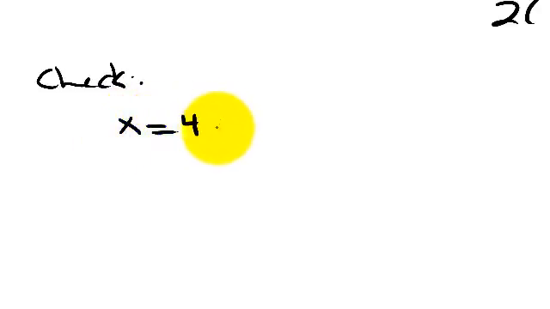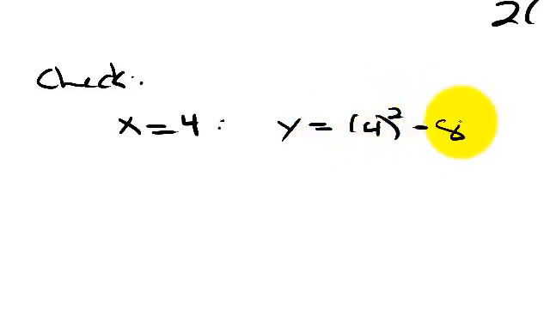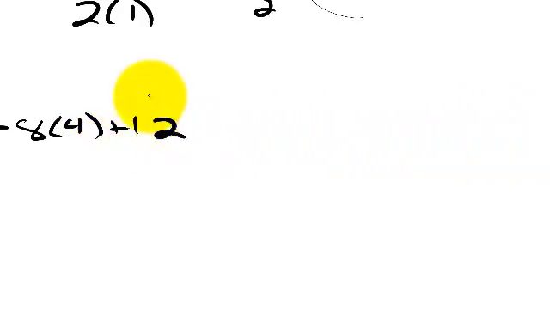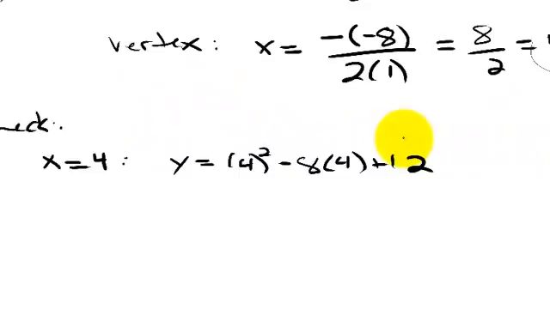So here's our check. Alright, so first we'll check the vertex. So what we're going to do is plug in x equals 4 into our function. So that will be 4 squared minus 8 times 4 plus 12. And then you do that in the calculator, as I'm doing right now.